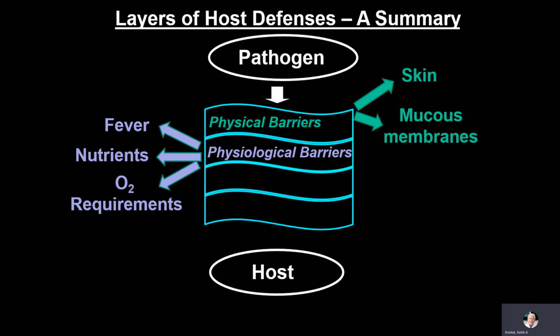Now, if the physical barriers are in some way breached, if we're cut or there's an abrasion or some physical trauma to these outer walls, and a microorganism gets in that's capable of adapting or mutating to the environment that it finds itself in and is able to get past the physiological barriers, then the next thing that we have going for us is this third layer of host defense that we refer to as inflammation, the inflammatory response.